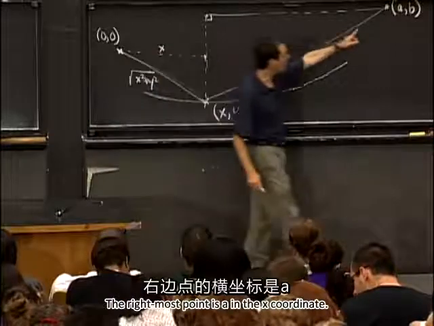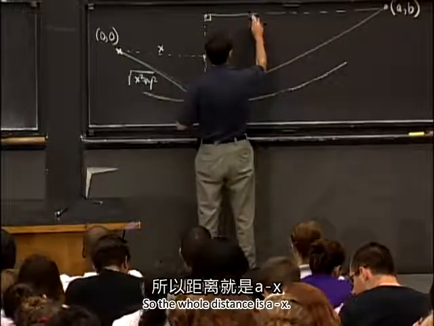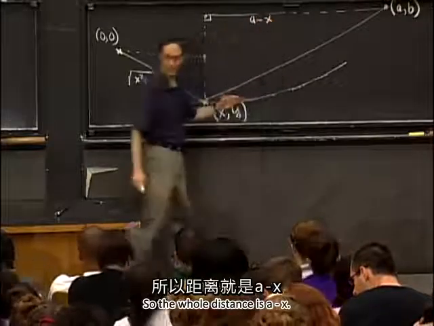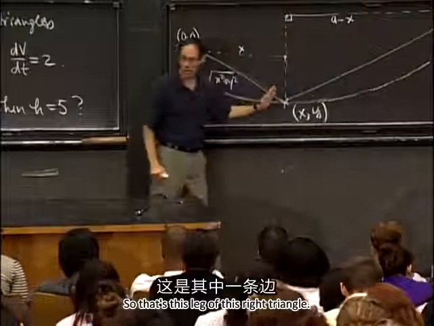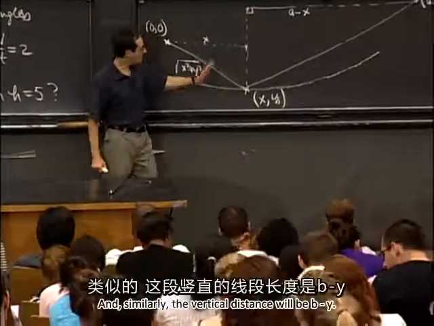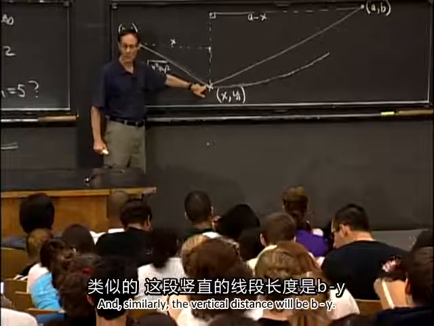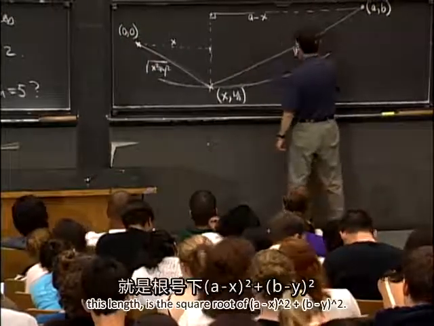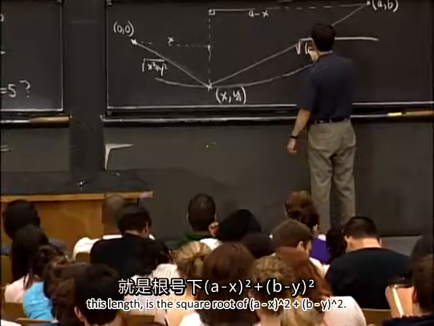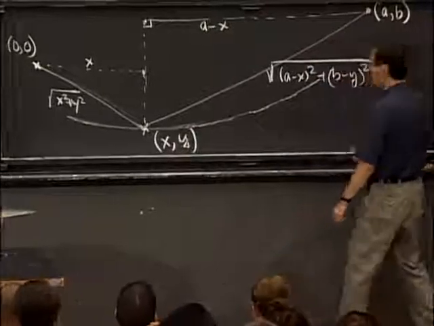All right, the rightmost point is a in the x-coordinate, so the whole distance is a minus x. All right, so that's this leg of this right triangle. And similarly, the vertical distance will be b minus y. And so the formula here, which is a little complicated for this length, is the square root of (a minus x) squared plus (b minus y) squared.